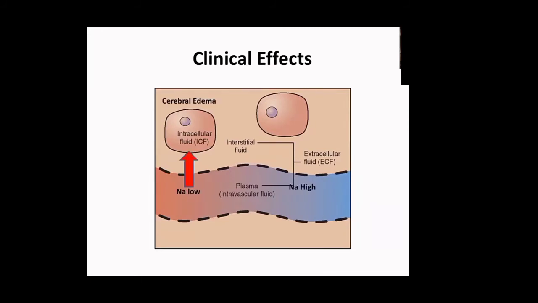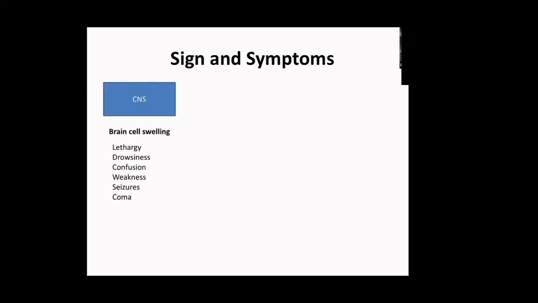Because here the sodium is low and here the sodium is high, the water will move from this compartment to the intracellular compartment just to stabilize the tonicity, and you get brain edema. So signs and symptoms: you get lethargy, drowsiness, confusion, weakness, seizures, and coma. Non-specific symptoms are anorexia, nausea, dizziness, lack of balance. These are the common symptoms.